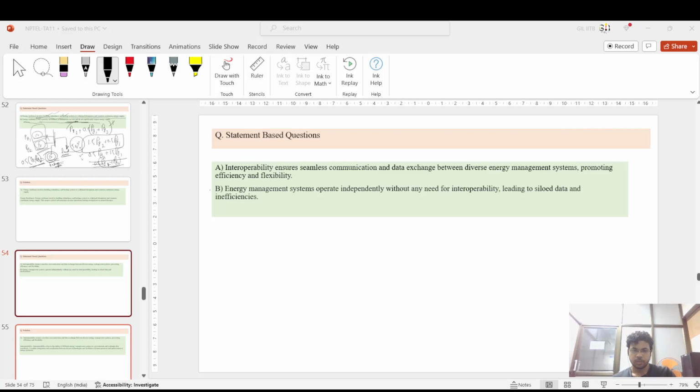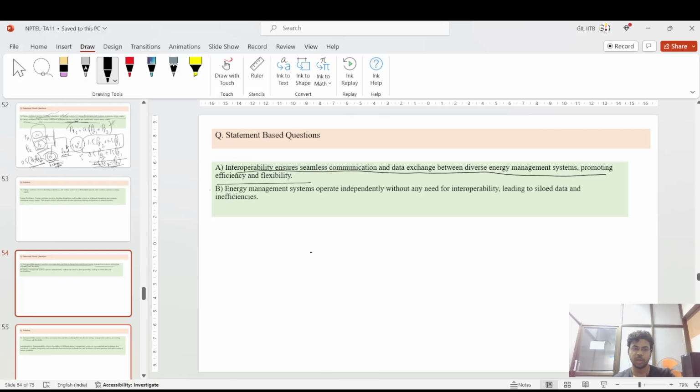Any other answers? Anybody else? Let me explain this question's statements. The first statement is saying that interoperability ensures seamless communication and data exchange between diverse energy management systems, promoting efficiency and flexibility.